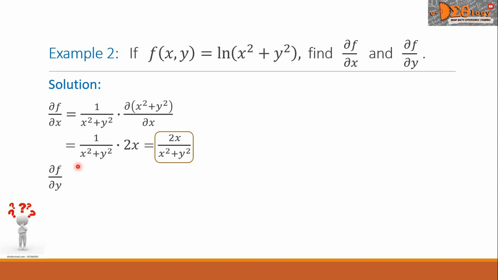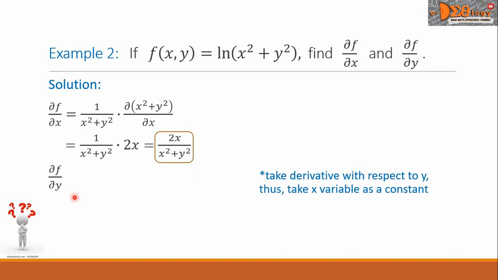Then partial derivative of f with respect to y. We shall take derivative of this function with respect to y, which means x variable is a constant. So this is now equal to 1 over x squared plus y squared times partial derivative of the function x squared plus y squared with respect to y.